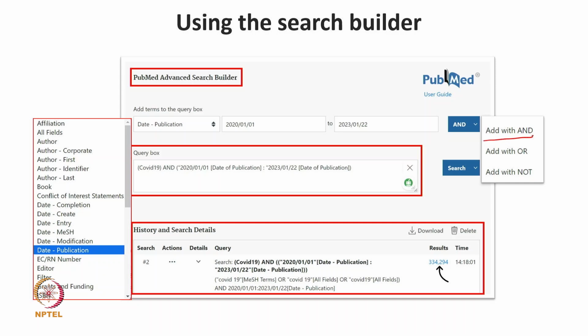So now our query is COVID-19 and the date of publication is 1st January 2020 to 22 January 2023, and you can see that in history the search details are coming, and we have retrieved 3,34,294 articles.